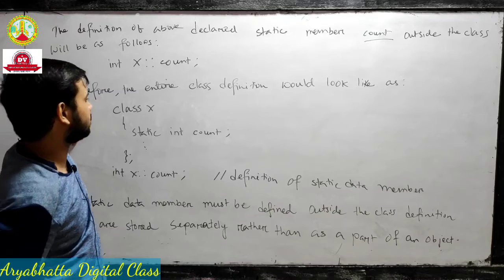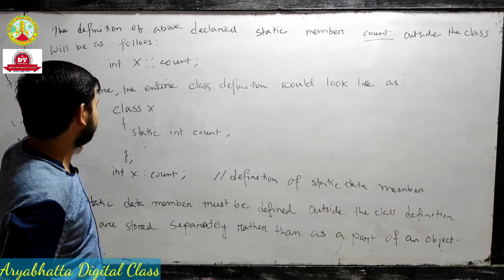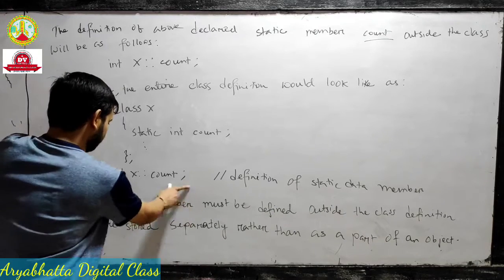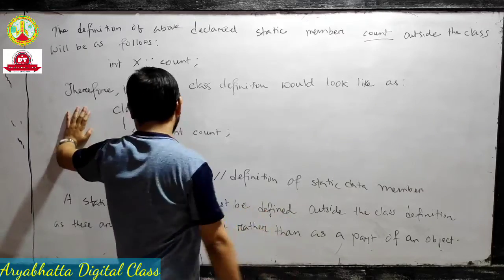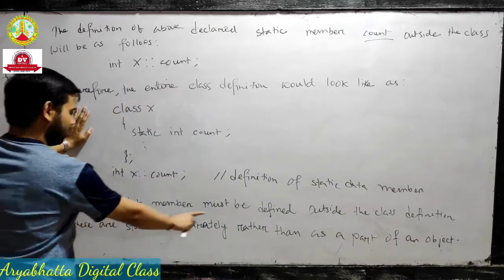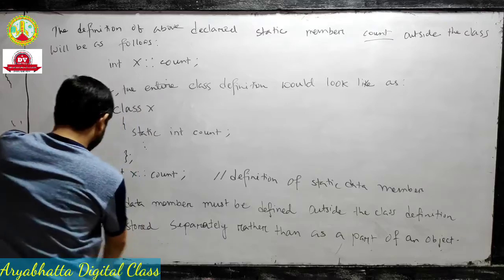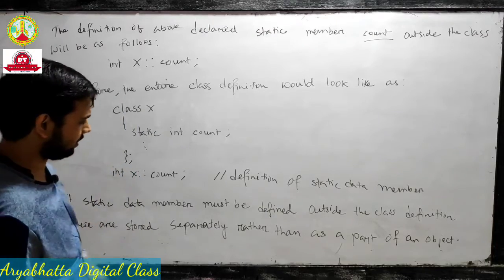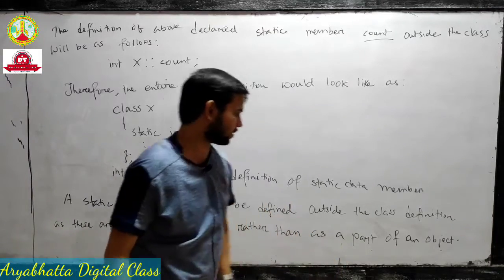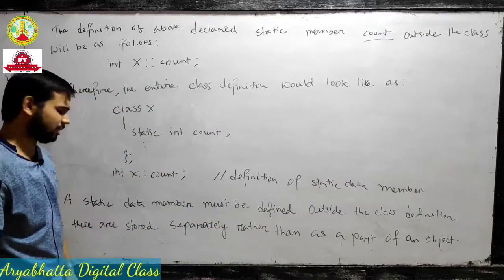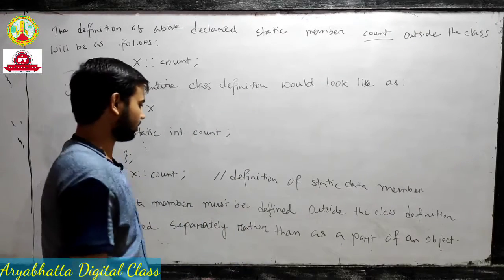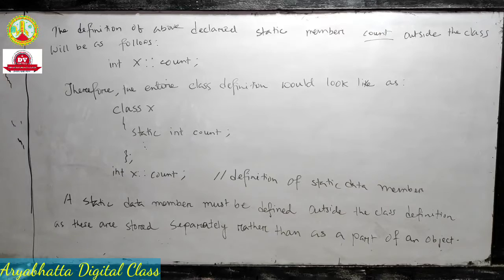Therefore, the entire class definition would look like S plus X static int count. A static data member must be defined outside the class definition, as these are stored separately rather than as a part of an object. Means it will be declared separately, defined separately from the class definition.